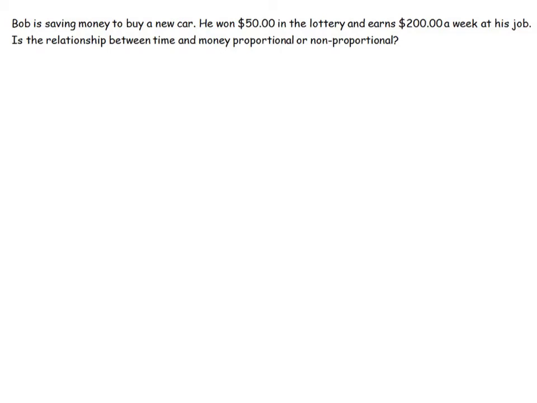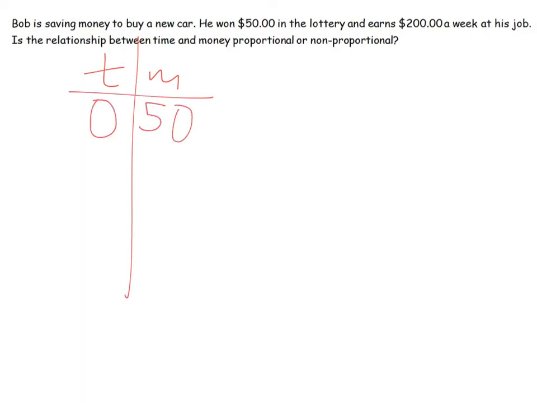The other word problem says, Bob is saving money to buy a car. He won $50 in the lottery and earns $200 a week at his job. Is the relationship between time and money proportional or non-proportional? Well, let's do time and money. At time 0, he already has $50.